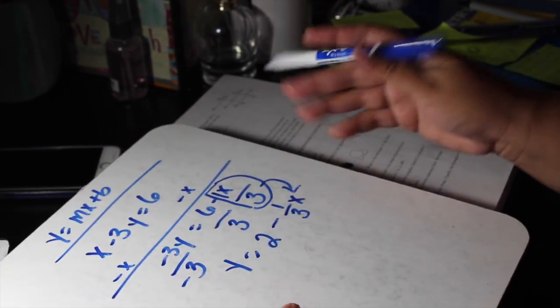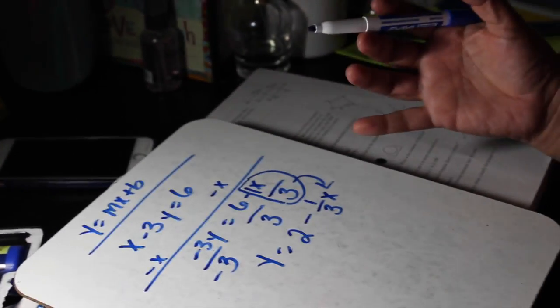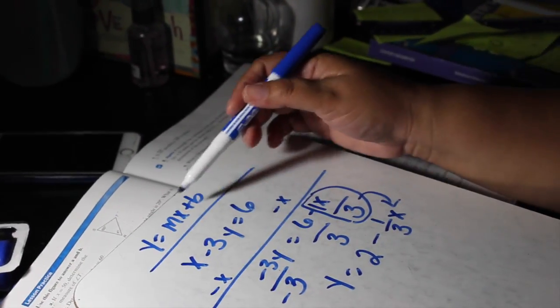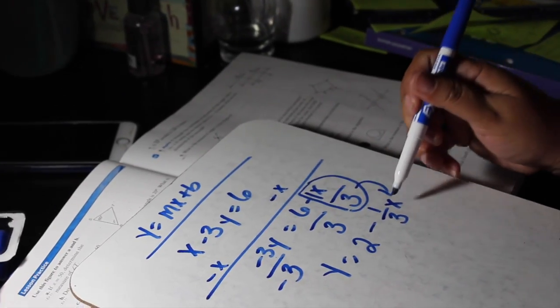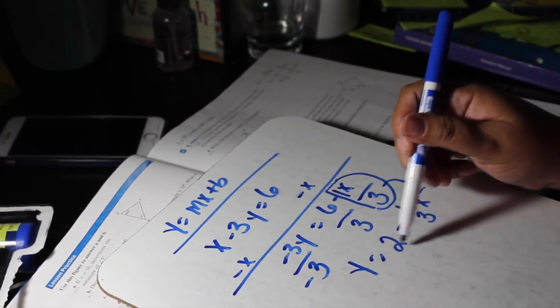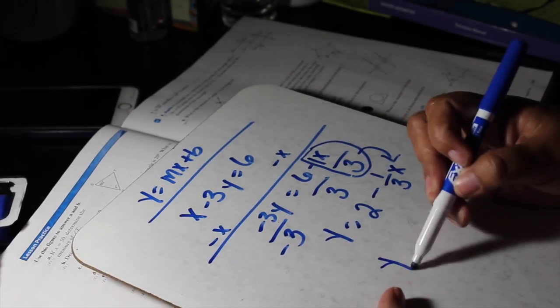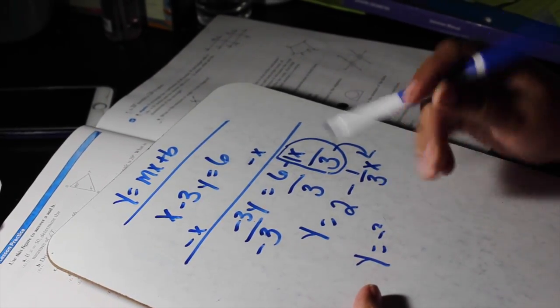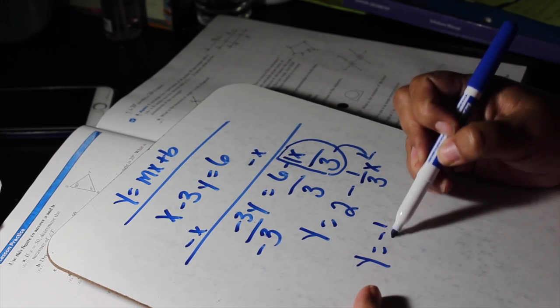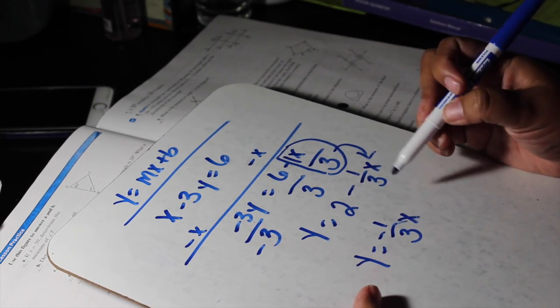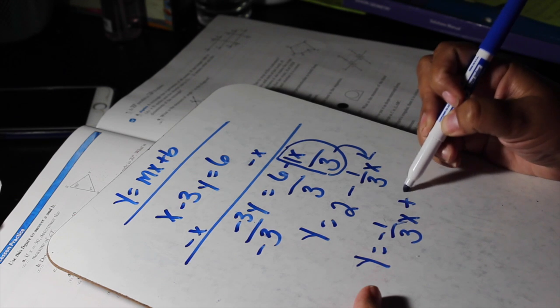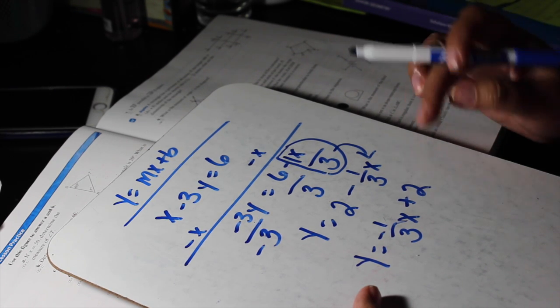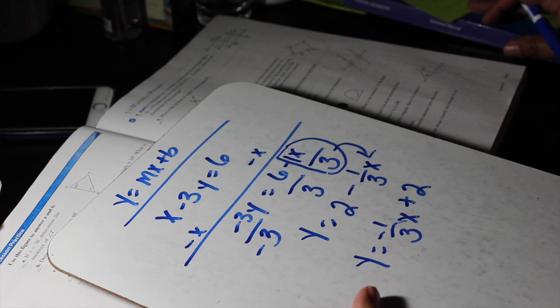Now it's not quite in the right format yet. It has to be mx plus b, so we're going to move things around. We're going to bring this over here on this side, and bring the 2 over here. So it's -1/3 x and this is a +2, so that should be the final answer.